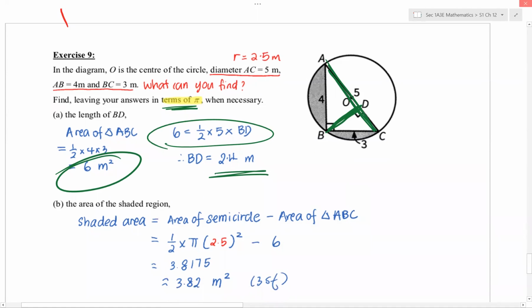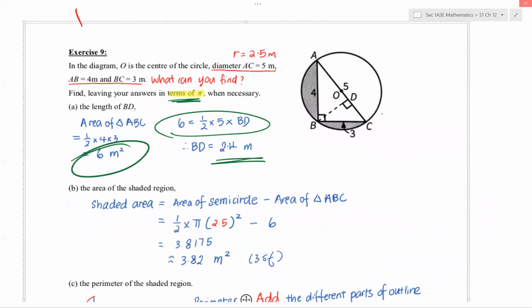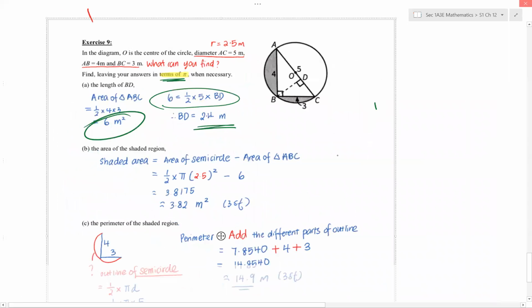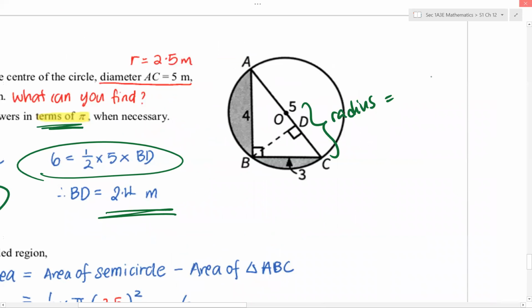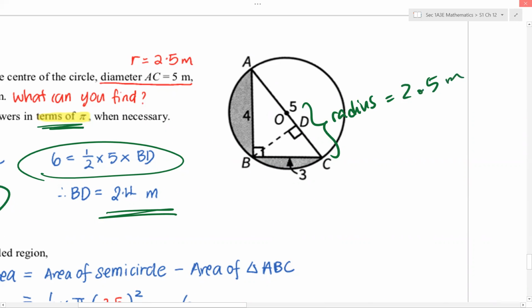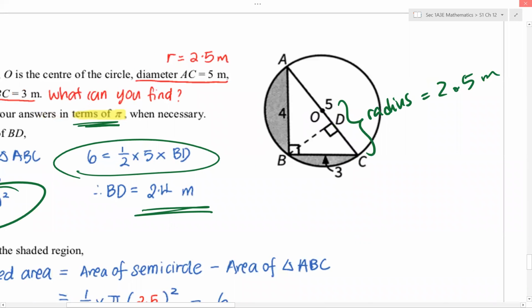Find the area of the shaded region. Once we have the diameter AC being 5, we know the radius must be 2.5 meters. Once I have the radius, I can find area.